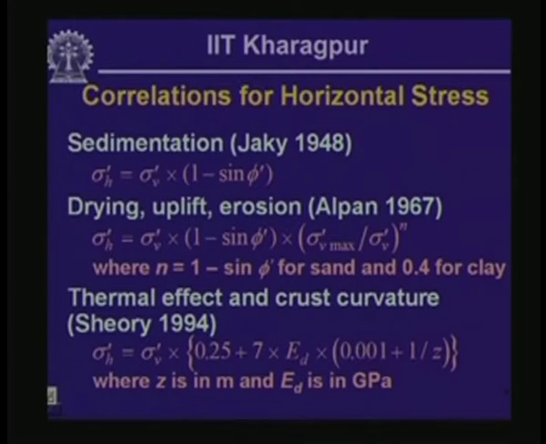Then, considering the effect of drying, uplift and erosion, Alpan in 1967 gave the following expression: sigma h prime equal to sigma v prime multiplied by 1 minus sin phi prime multiplied by a ratio, and that ratio is equal to sigma v prime max divided by sigma v prime to the power n, and this exponent is equal to 1 minus sin phi prime for sand and approximately 0.4 for clayey soils.